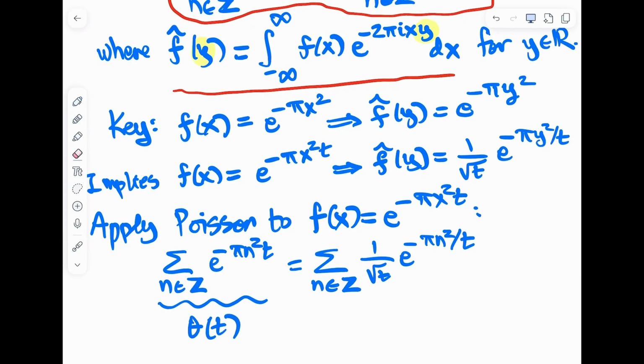And if you take out the 1 over root t, you're going to get 1 over root t times theta of 1 over t. So the key thing is that you happen to have this function e to the minus pi x squared that's equal to its own Fourier transform, and you do some manipulations from that, feed into Poisson summation, and the transformation formula for the theta function pops out.